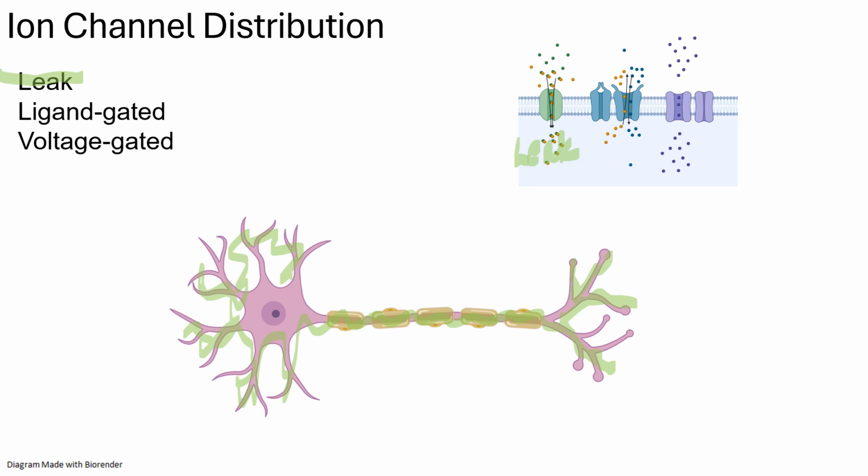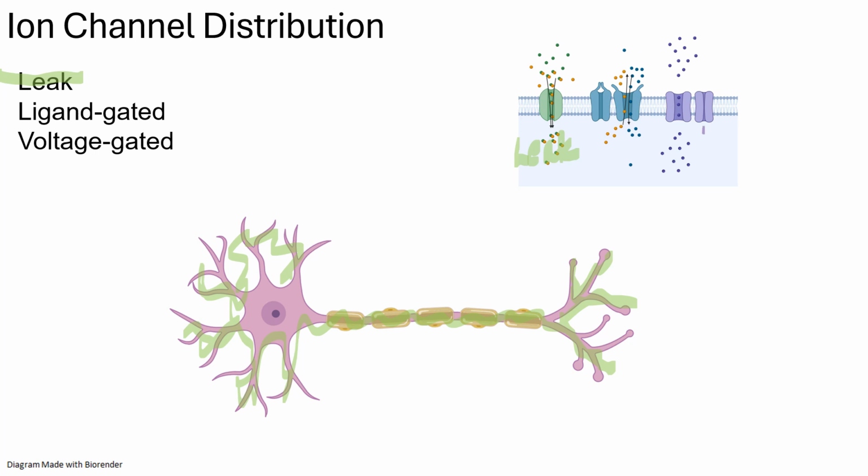Remember, leak channels allow sodium and potassium to leak according to their concentration gradient. And along with the leak channels are also sodium-potassium pumps that return the leaked ions to their original place.